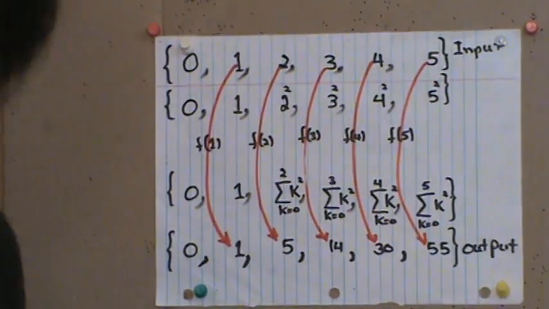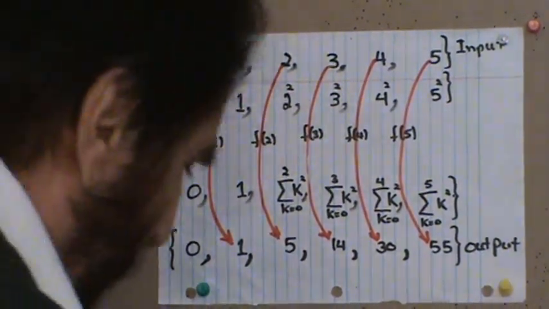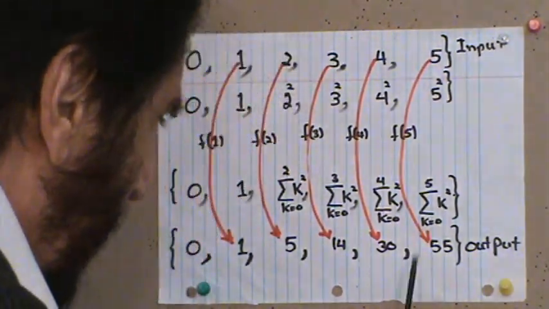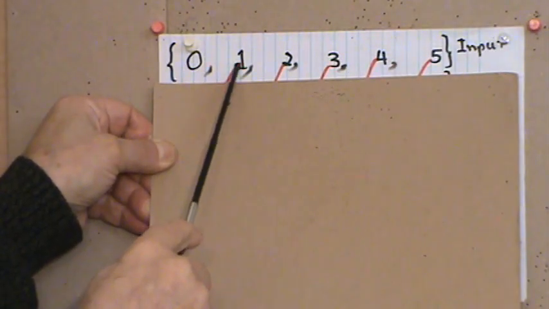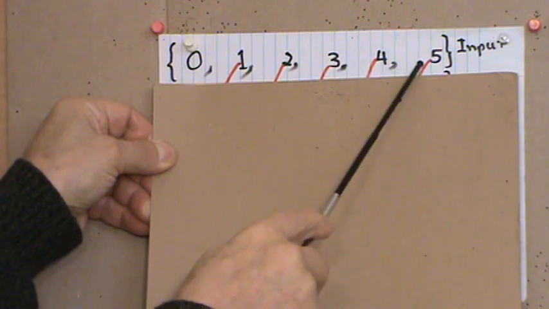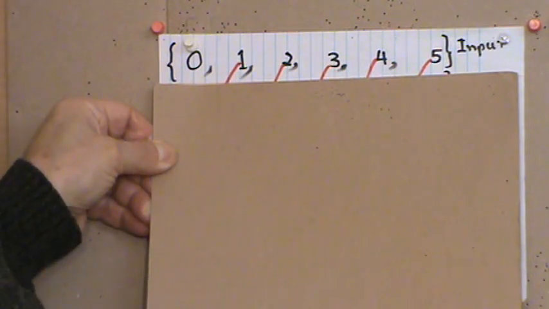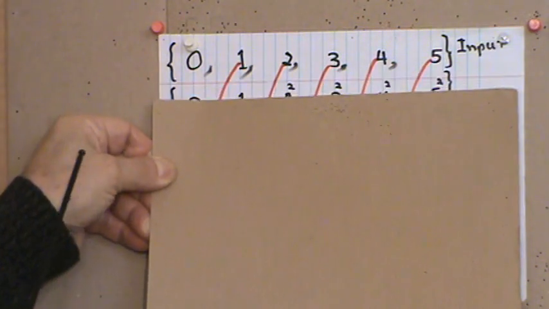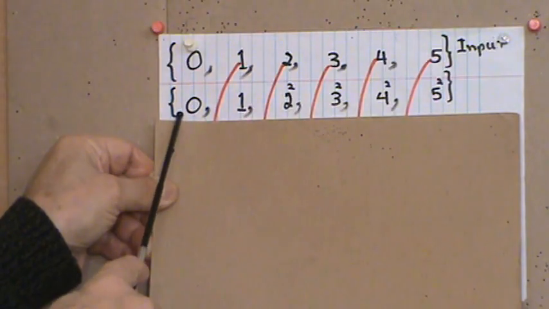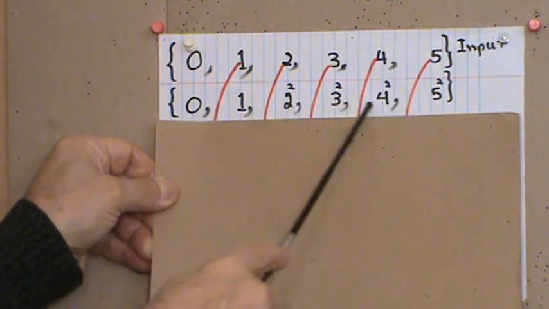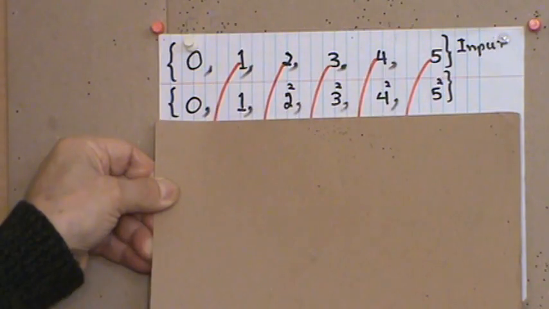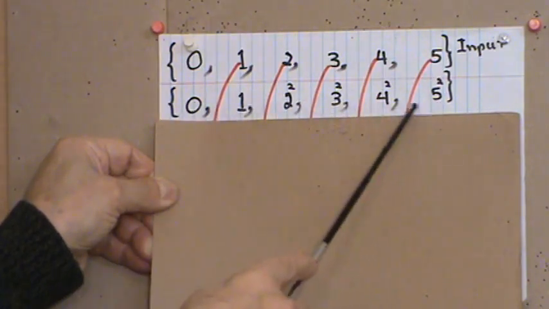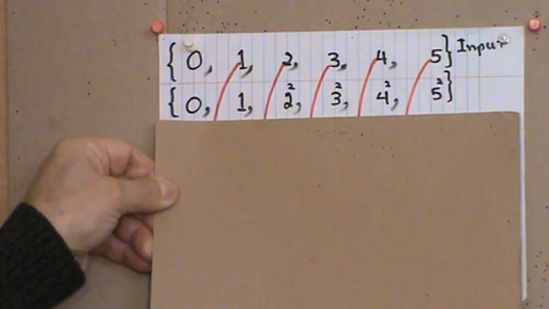Now, let me be a bit more explicit. This is the set of my input: the sequence of 1, 2, 3, and 4. This is the set of what? Of 1 square, 2 square, 3 square, 4 square, and so on, that we are trying to find the summation of, a formula for that.